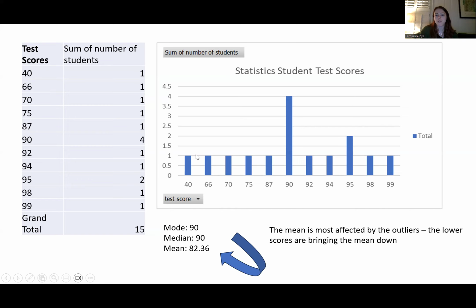That's really heavy on the lower grade side. Those individuals are pulling that mean down because remember, the mean relies on a sum of all of the values divided by the number of values. So the mean is going to be most affected by outliers.